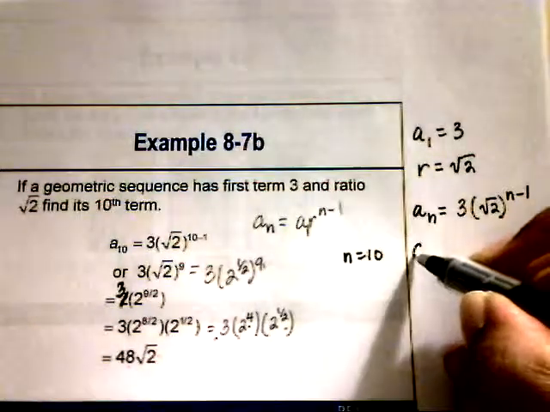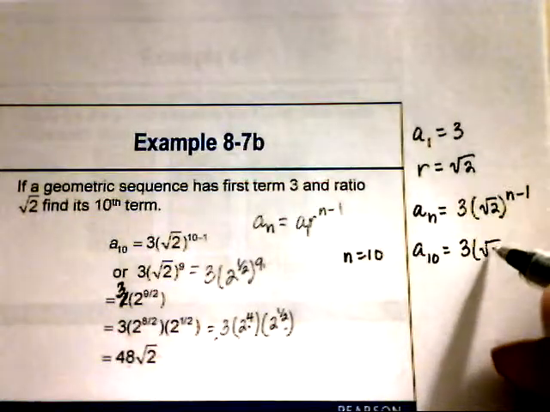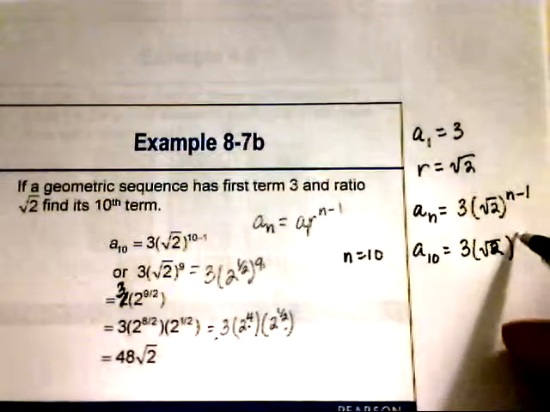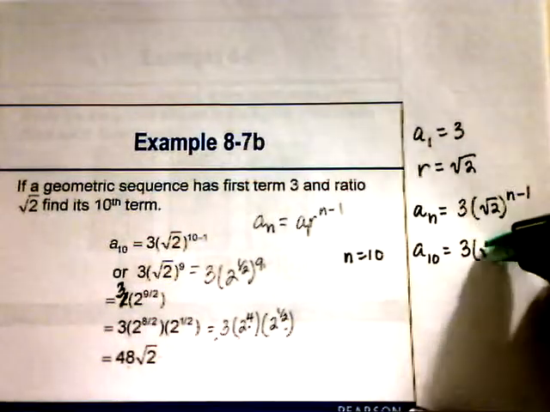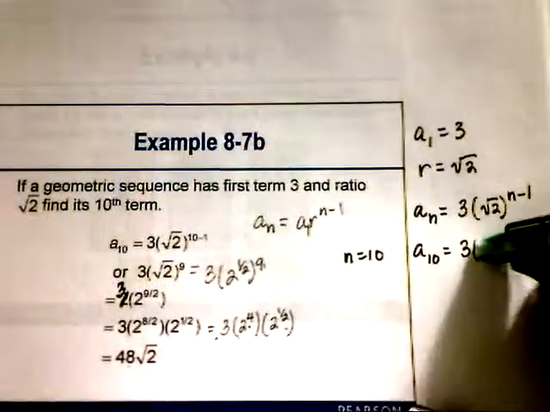So in this case here, A sub 10 is equal to 3 times the square root of 2, raised to the n minus 1. Okay, let me correct this so y'all can see that that is supposed to be the square root of 2.